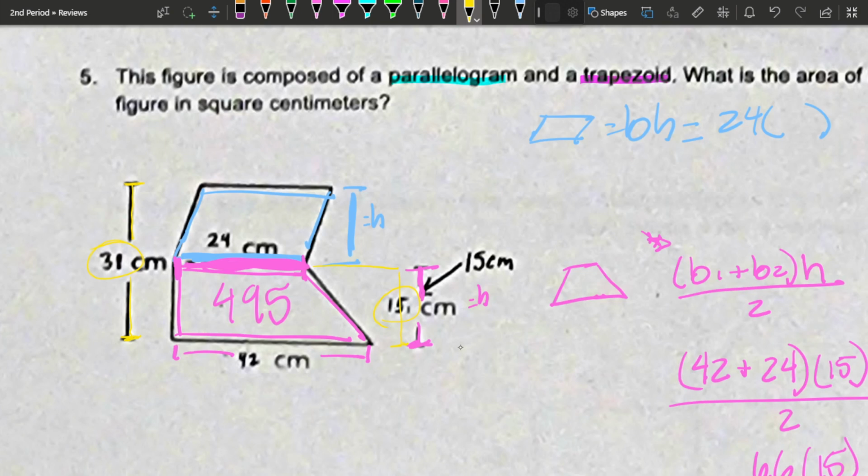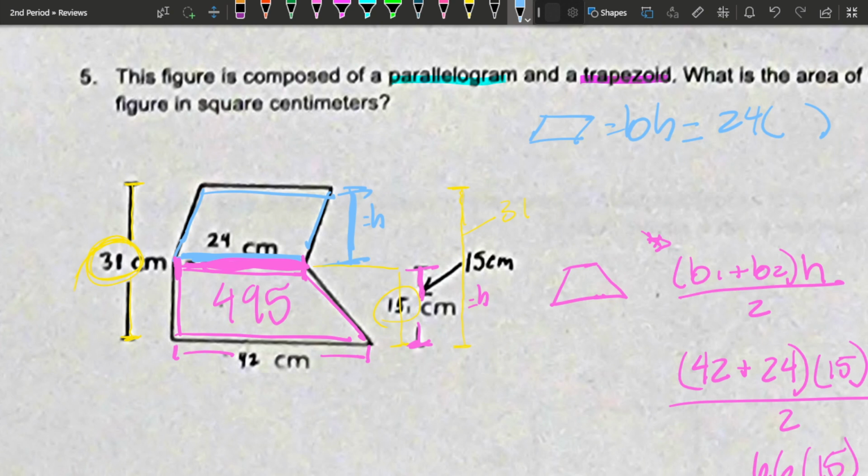So let me ask you, is the distance from here to this top right here also what? 31. So how do I find the missing height right here? How do we find that difference?